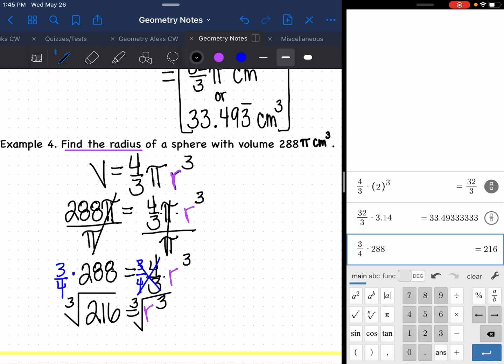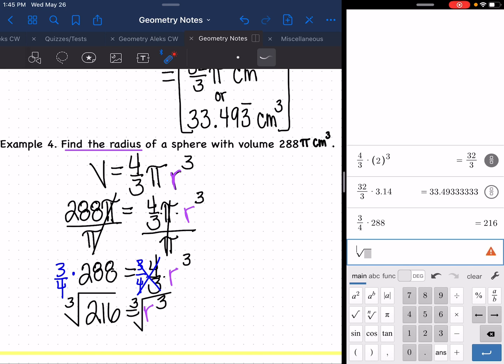Let me show you where it is. It is right here in this row, but it's the second one, the one that looks like this with the letter N in the middle. That allows me to change the root to 3, and then I can put 216 inside, and my radius is 6. I'll put it over here.